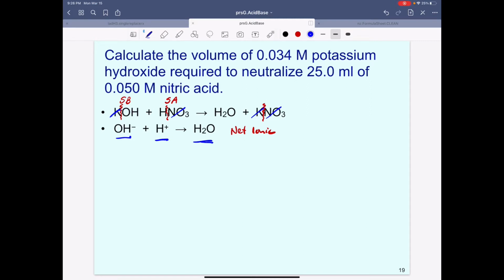And if we want to calculate what volume of base would be required to neutralize 25 mL of nitric acid, let's take a look at that.